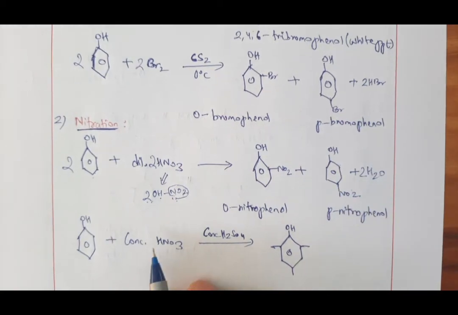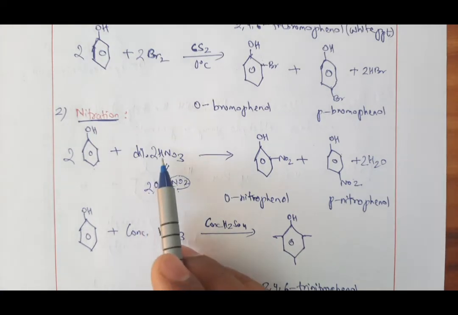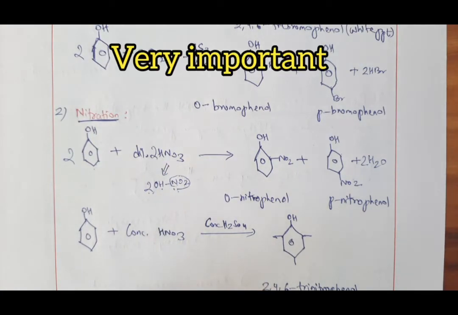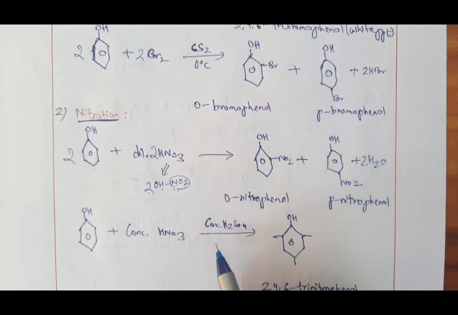But the same reaction, if instead of dilute nitric acid you use concentrated nitric acid, and use a catalyst like concentrated sulfuric acid, and heat at 60 to 80 degrees Celsius.